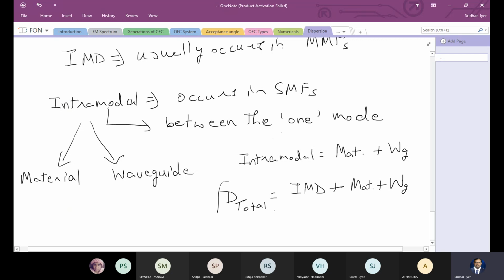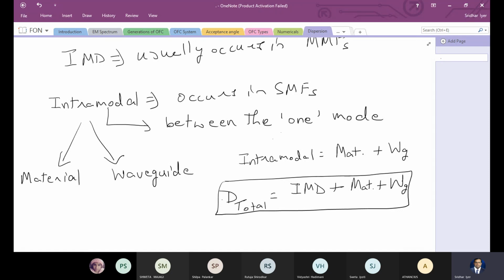So this total dispersion equation we'll see at the end of the module, when we can combine all of these dispersions together and find the total dispersion.